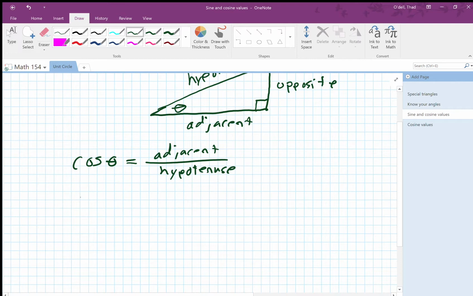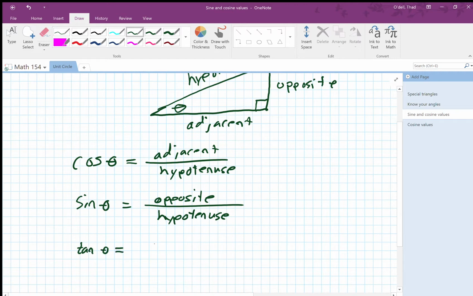Likewise, the sine of an angle is equal to the opposite side divided by the hypotenuse. And last but certainly not least, tangent of theta is equal to the opposite side divided by the adjacent side.